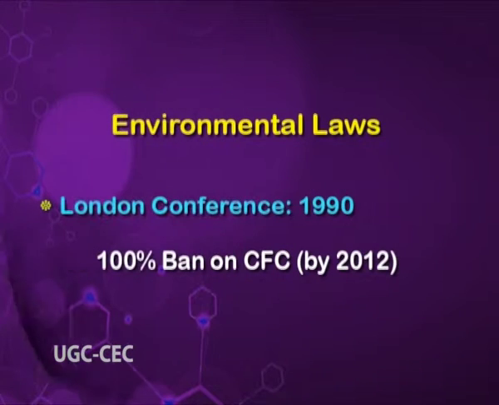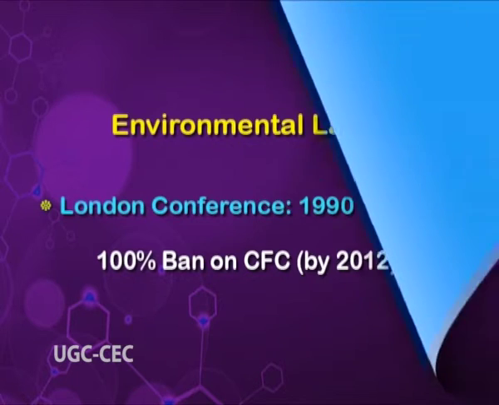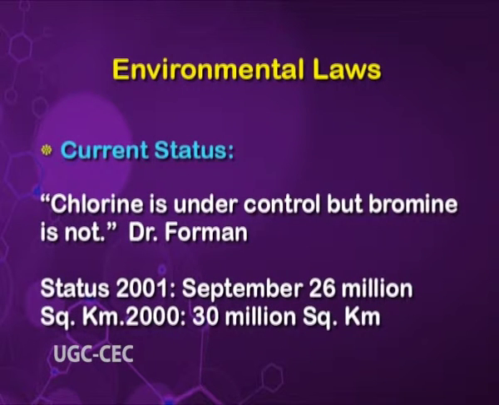Later, in 1990, at the London Conference, it was envisaged that a 100% ban would be required to protect the ozone layer in the stratosphere. There are now positive signs of control by this ban on chlorofluorocarbons.